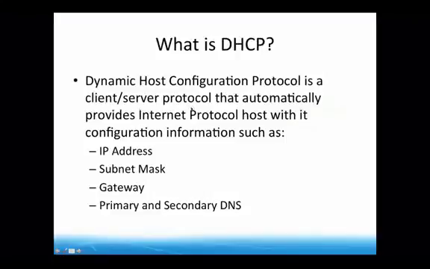But more importantly, they don't just get their IP addresses. They can get other valuable information as well, such as the subnet mask of the network, the gateway, DNS, and some other configurable settings as well. All of the configurable settings are known as DHCP options.